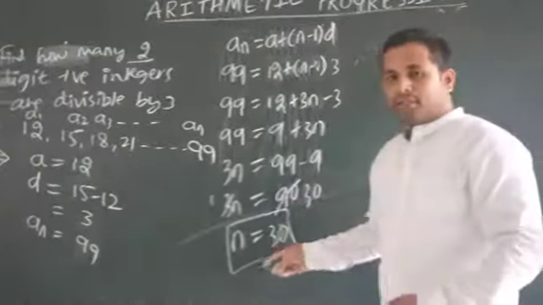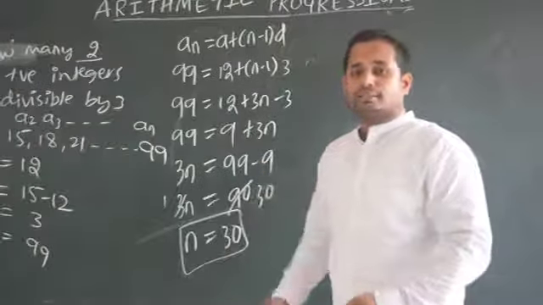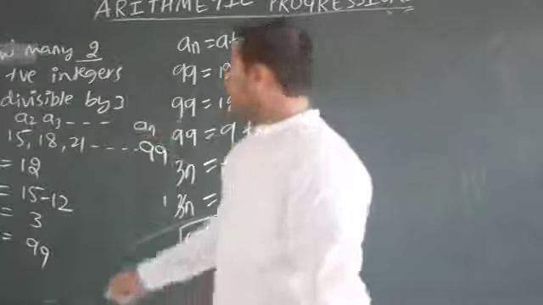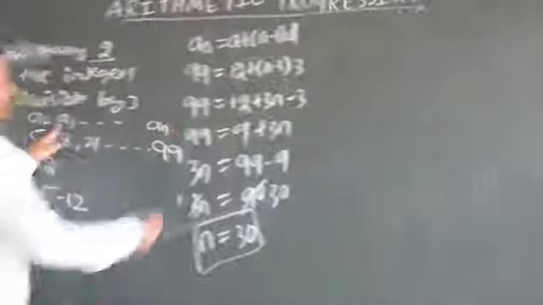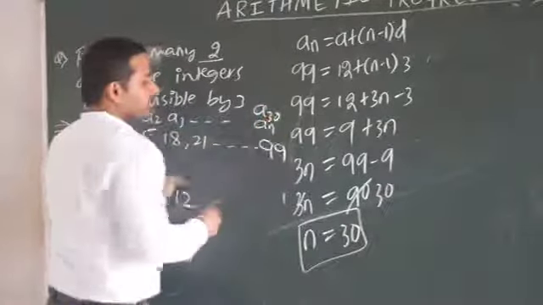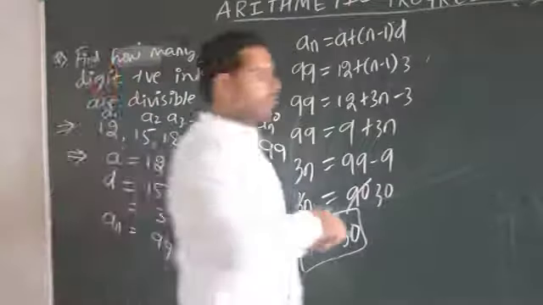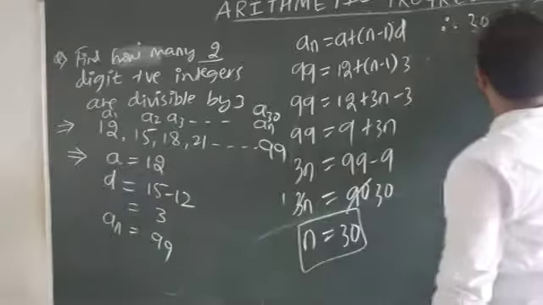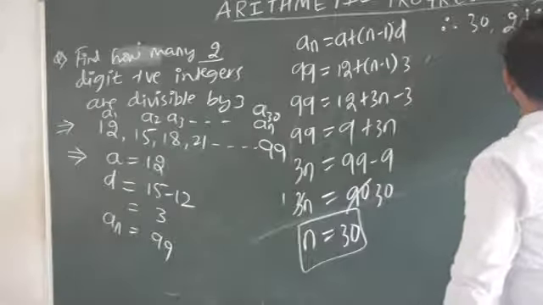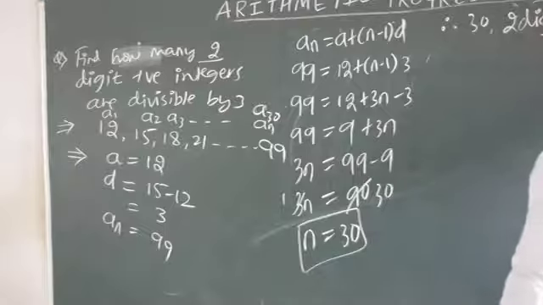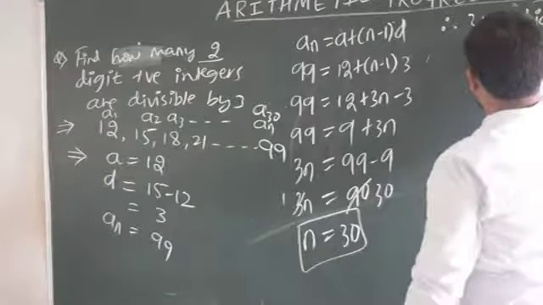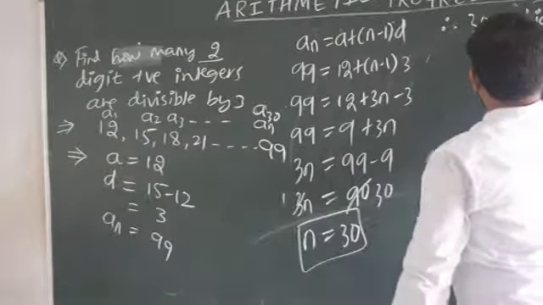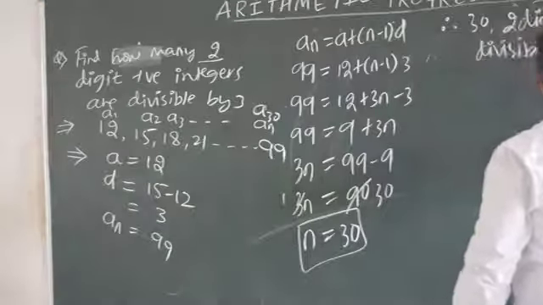There are 30 numbers, there are 30 two digit numbers which are divisible by 3. You can count them: A1, A2, A3 and here you will get A30. So what will you write now? Therefore, 30 two digit numbers are divisible by 3. As simple as that.